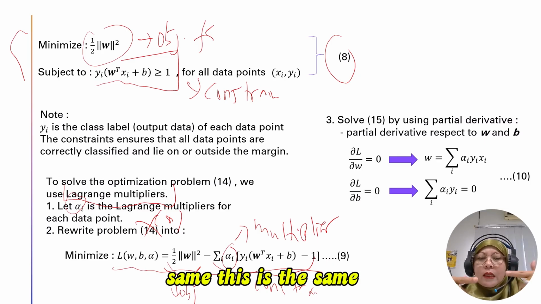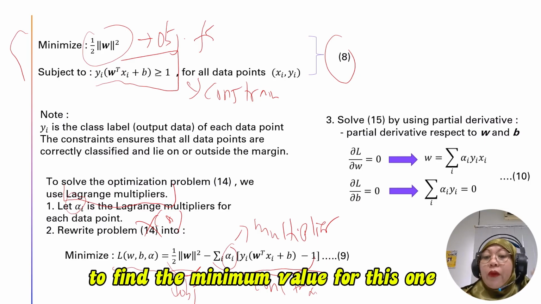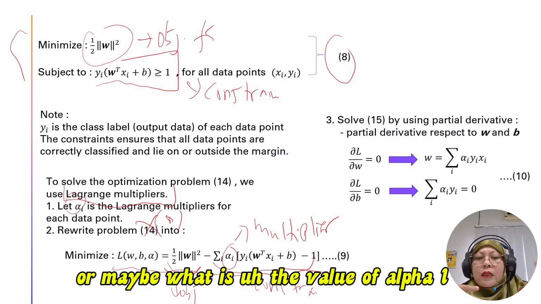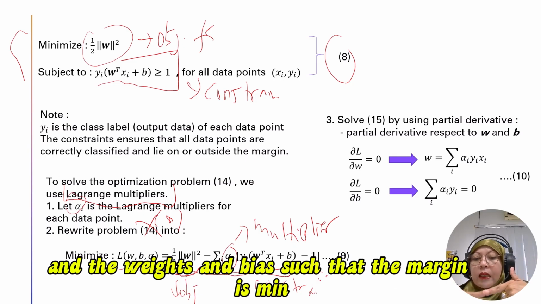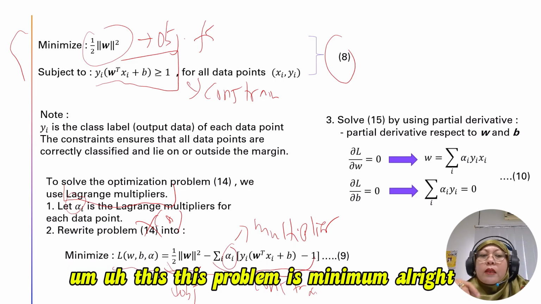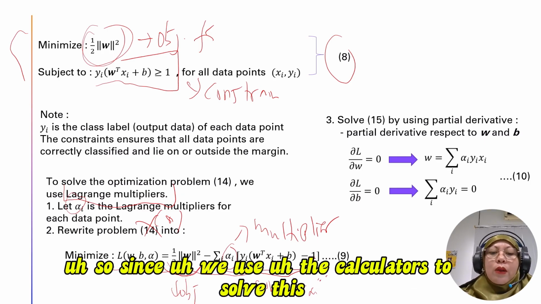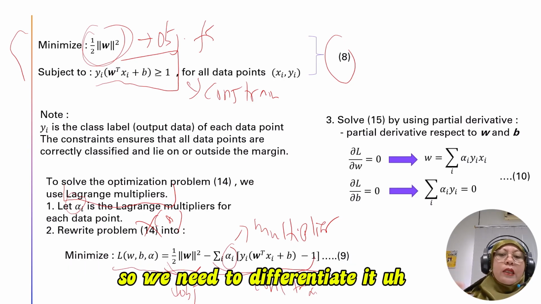So to find the minimum value, we ask what is the value of alpha i, the weights and bias, such that the margin problem is minimum. Since we use calculus to solve this, we need to differentiate it.